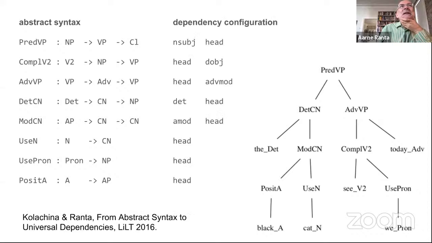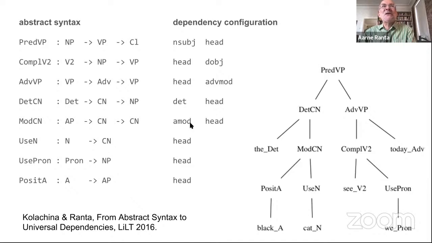When you are running GF to UD, you start by adding a dependency configuration to each of the abstract syntax functions. So for each argument, you attach a dependency label, and one of those labels must be the head. If you have just one argument, then it's always the head, and you don't need to write it manually.